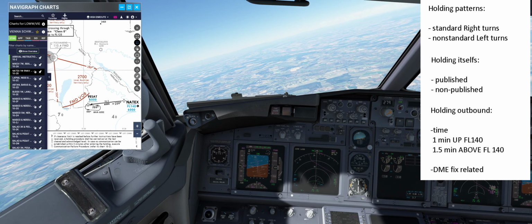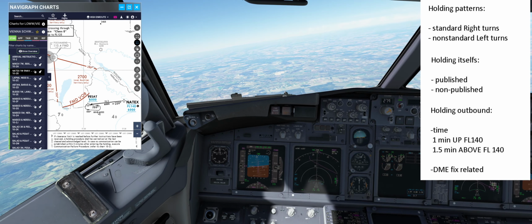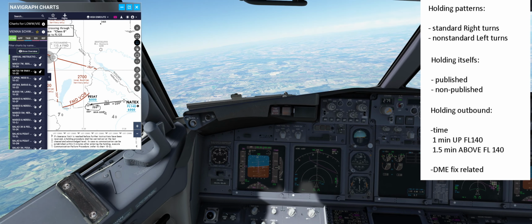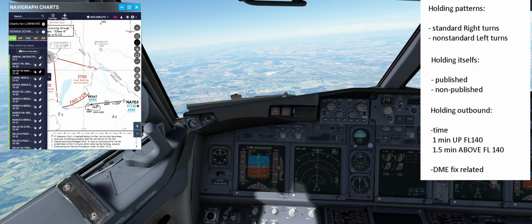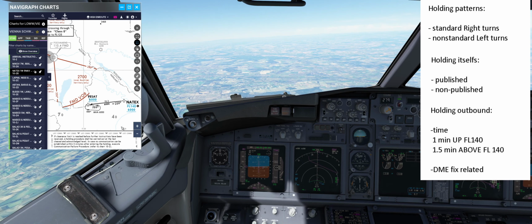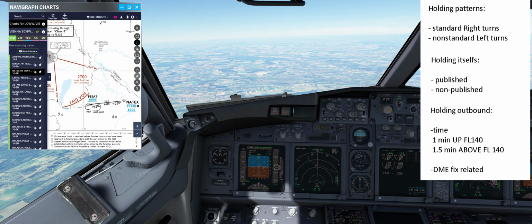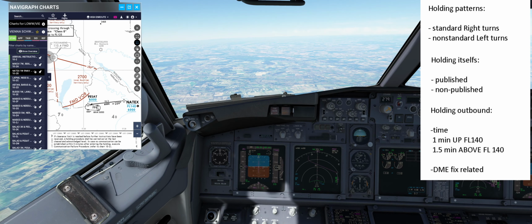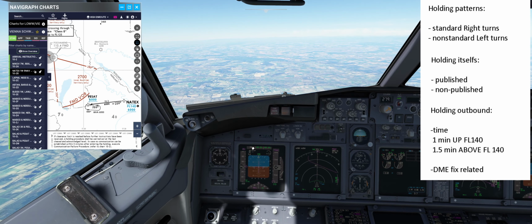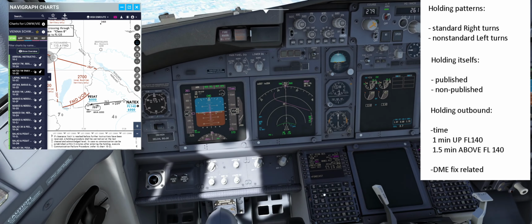If you are holding above flight level 140, your outbound leg should be 1.5 minutes. Sometimes it can happen that your published holding is defined with a fix. That means your DME distance. I hope it was clear so far, so let's go to the PSAT point.